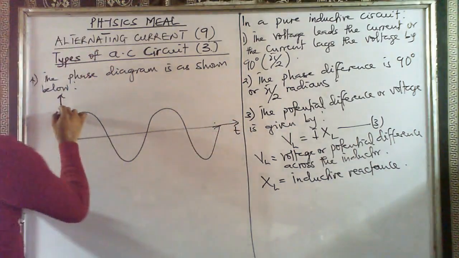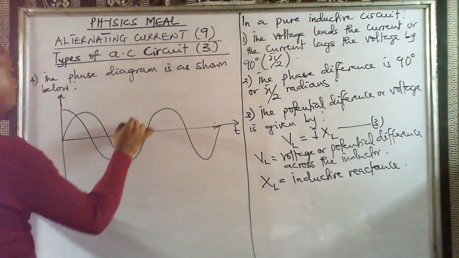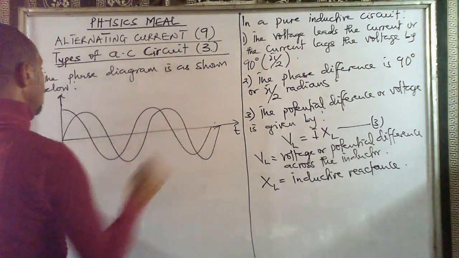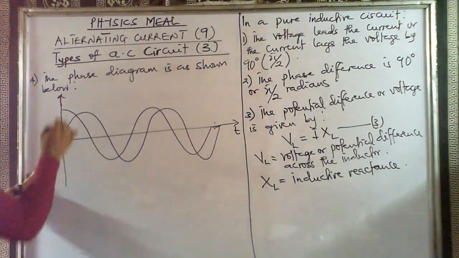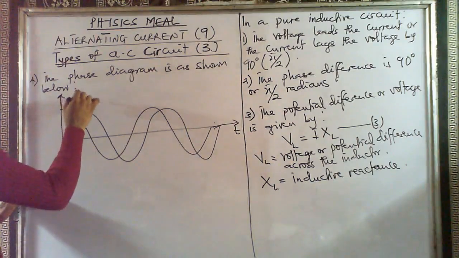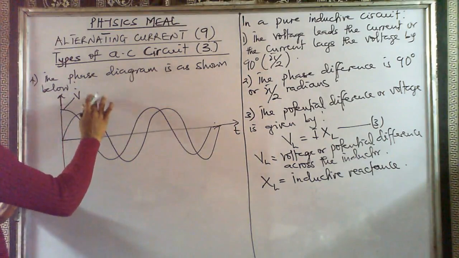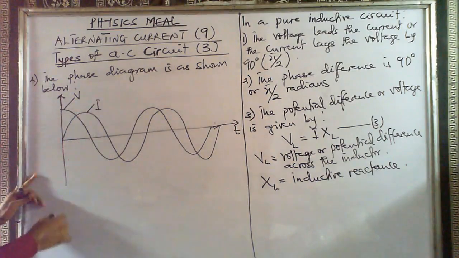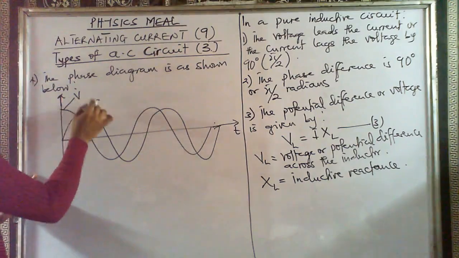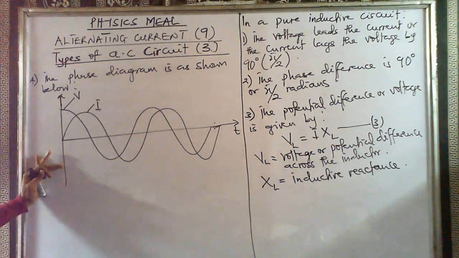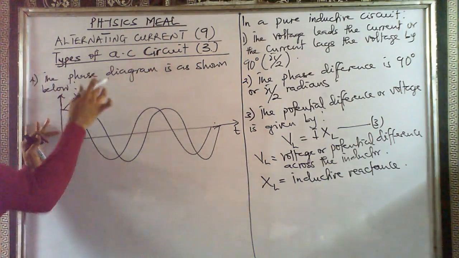This against time, then we'll have this. This one is V, while this is I. This is the instantaneous voltage, and this is the instantaneous current. So you see, in this case, voltage is leading.